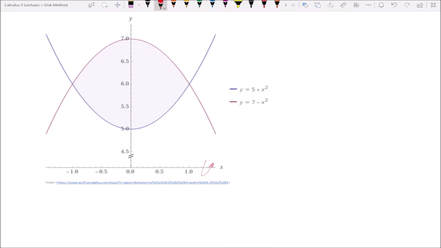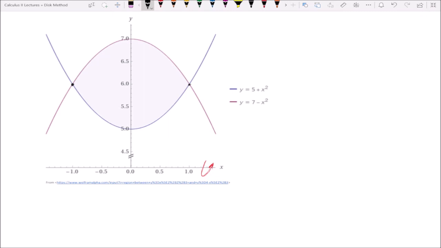All right, so this is the new image. Now we just have to find these 2 points of intersection, and then we have our setup.